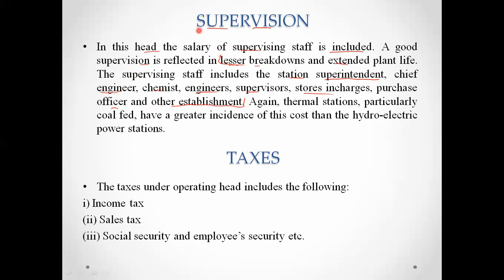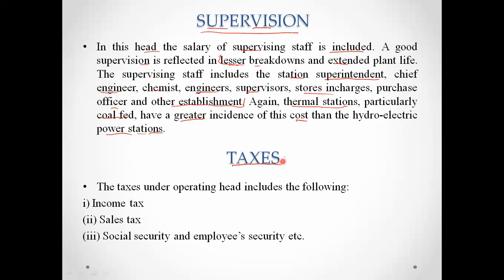All they come under the supervision. Again, thermal power stations, particularly coal fed, have a greater incidence of this cost than hydroelectric stations, as they have more supervisors compared to a hydroelectric plant.